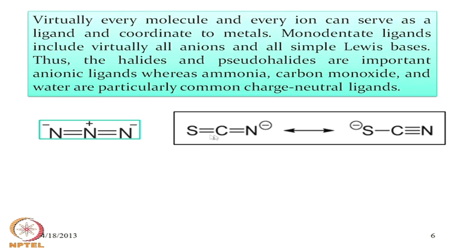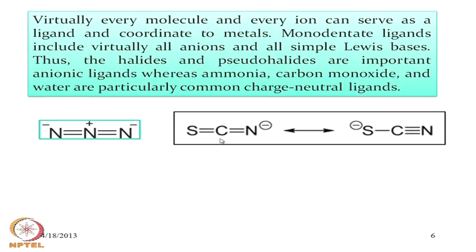Since it has 3 different donor atoms, unlike azide, it has sulfur, carbon and nitrogen. Since carbon is sandwiched between sulfur and nitrogen, carbon cannot go for any coordinating interaction to the metal center, but sulfur can, and the other end, the nitrogen, can also bind to the metal center. So, these are also very useful ligands, binding through sulfur as well as through nitrogen.